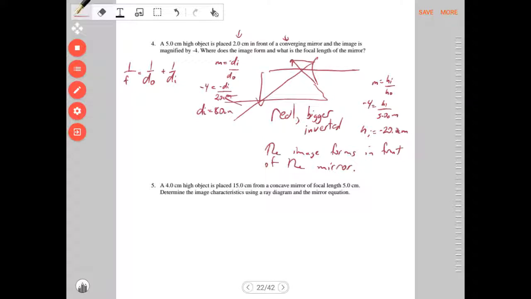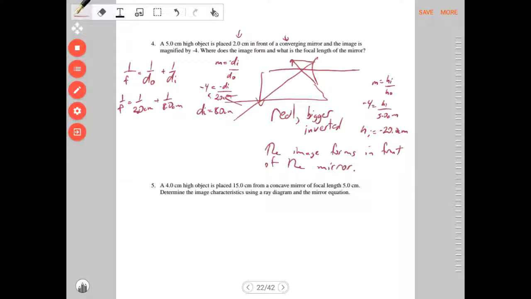Whew. Okay, that's good, because now we have all the stuff for our formula. When we do that, we multiply the 2.0 up. So -4 times 2 is -8, but -8 would be -DI, so the 2 negatives cancel. So DI is 8. So 1 over F equals 1 over 2.0 centimeters plus 1 over 8.0 centimeters.